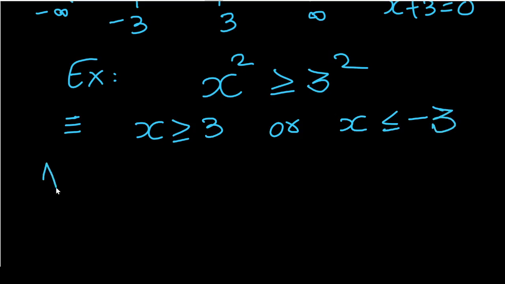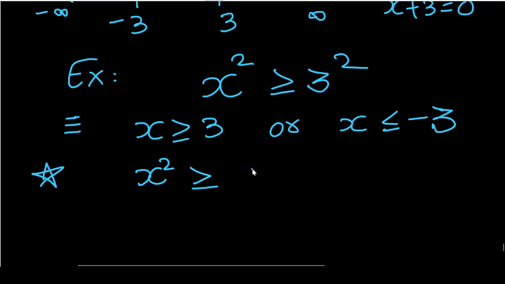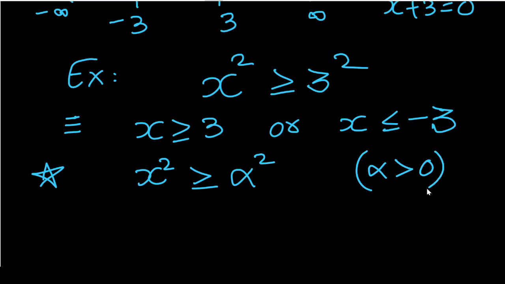In the similar way, instead of 3, if I write a number alpha, generalizing this, where alpha is positive, taking alpha square to the left-hand side, factorizing, plotting it on the number line and so on, we will get the general result.